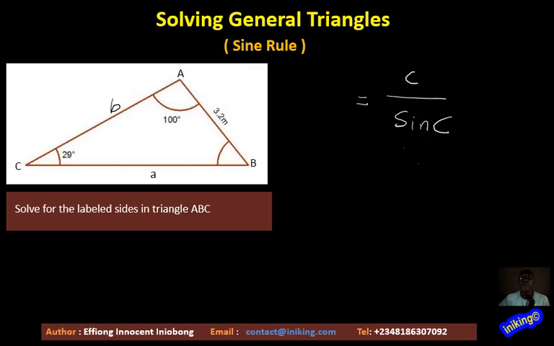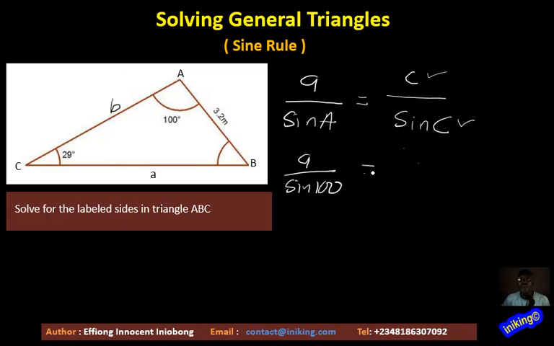Okay. I'm looking for side A. I'll divide that by the sine of the angle of A. On the right hand side, I know length C and I know angle C. So I have only one unknown there. I say, okay, A divided by sine of 100 will give me 3.2, which is my C, divided by the sine of 29.